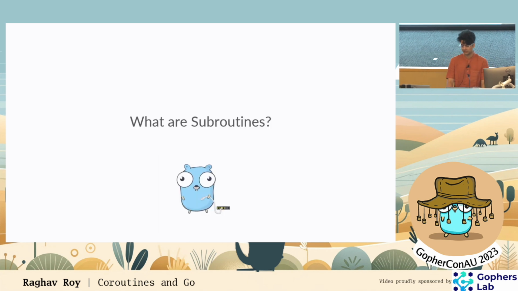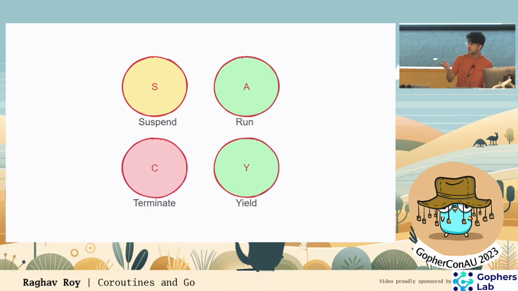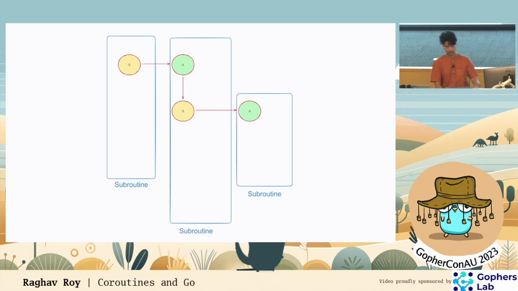What are subroutines? So subroutines or function calls can do a few things. They can suspend themselves and they can run another subroutine, or they can terminate themselves and yield back control to the caller. So this is what it would look like. Say you have three subroutines over here. The first one suspends itself, starts running. This is just so that you get used to the notations that I've used a little bit.